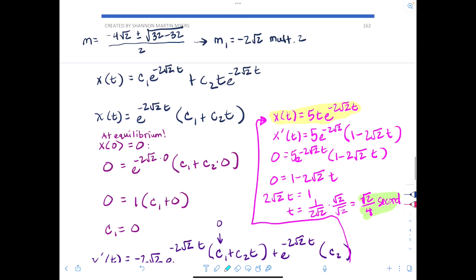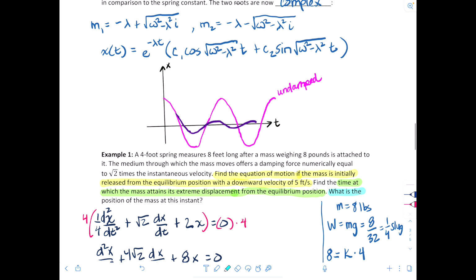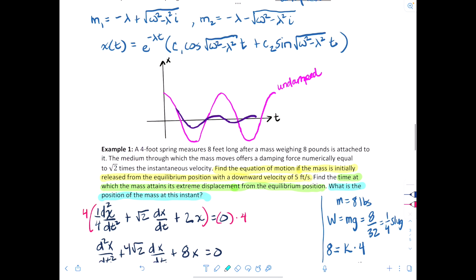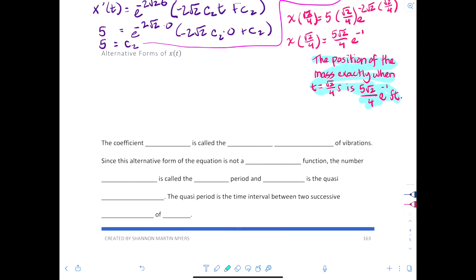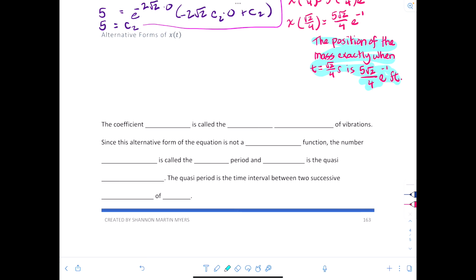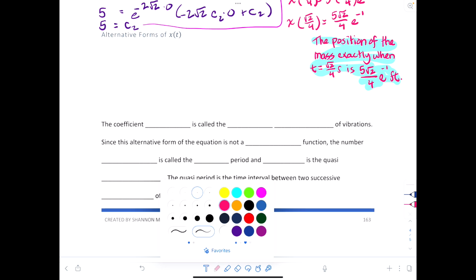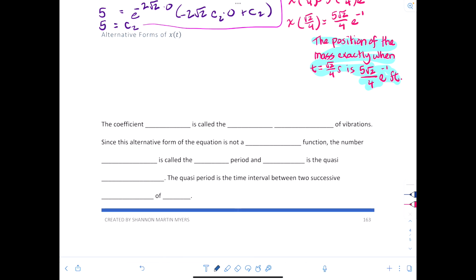All right, so here we go. I think that the next step is alternative forms of x at t. So here we are. We learned a bit more about this in that last little subsection.